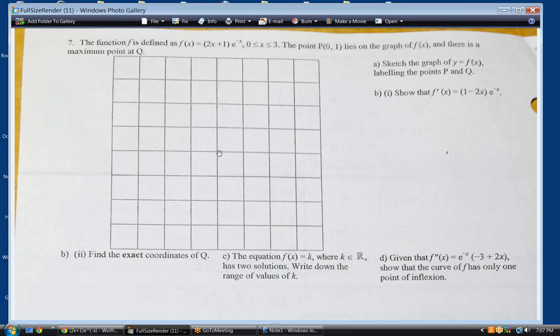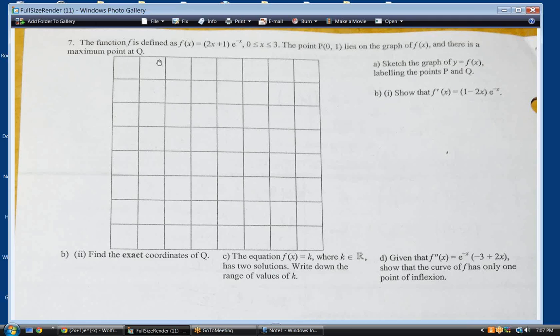So when x is 0, y is 1, so that's our first point. And then I presume you're going to figure out when x is 1, what y is, 2 and 3. Plot those 3 points and connect the dots. Is that what they want you to do? Or do they want you to figure out the maximum point Q and plot just P and Q?